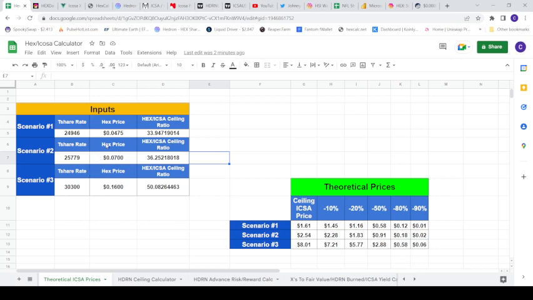I mean, we could pump really hard in 23 and get up to like 25 cents. So let's say we do get up to 25 cents. That would be a $12.50 Icosa at a 30,300 T-share rate.